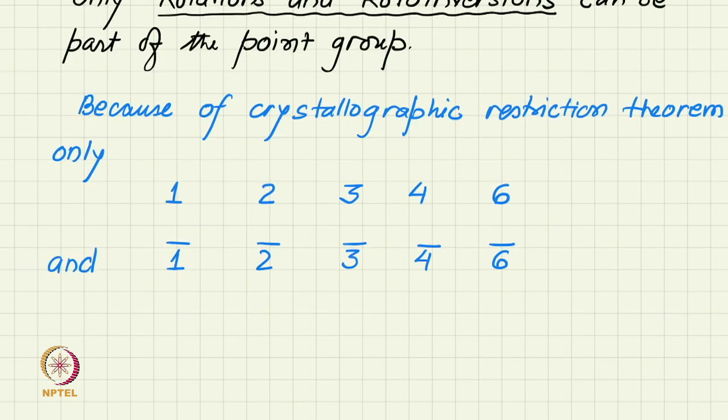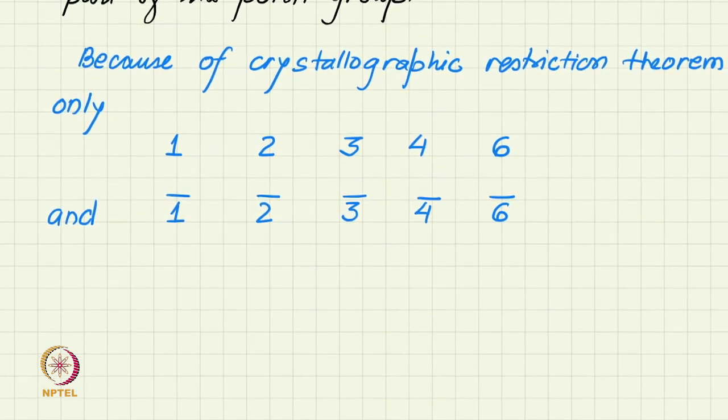So, the point groups are combinations of these axes and these operations.